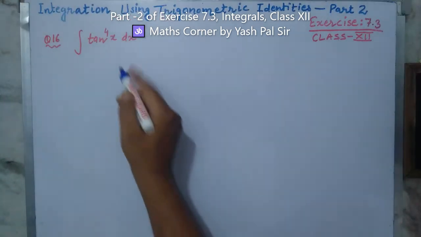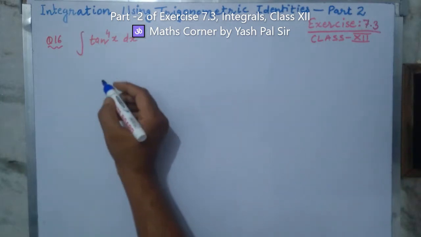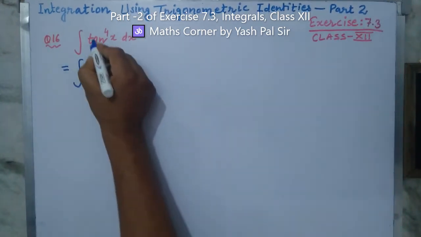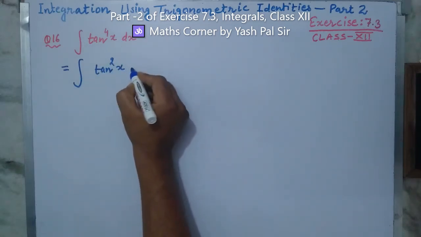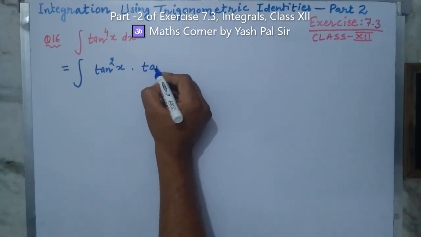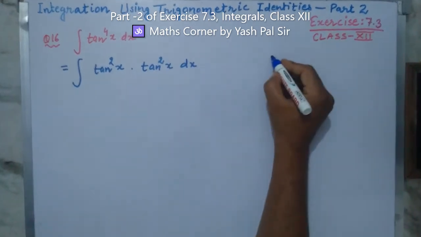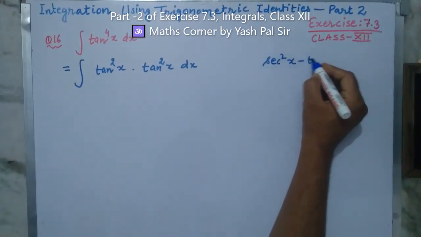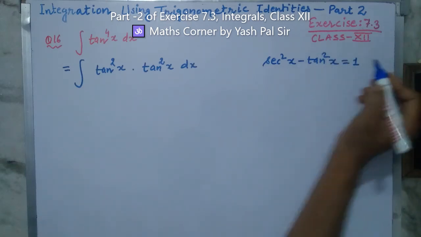Question number 16 is tangent raised to power 4 x dx, its integration. So first of all, we write this question equal to tangent square of x into tangent square of x into dx. Now we follow the rule secant square x minus tangent square x is equal to 1.